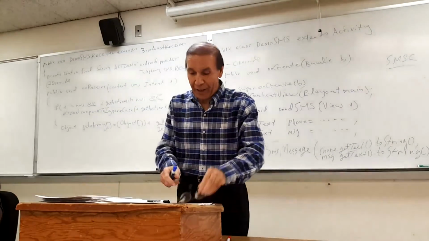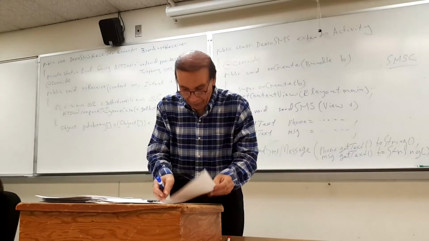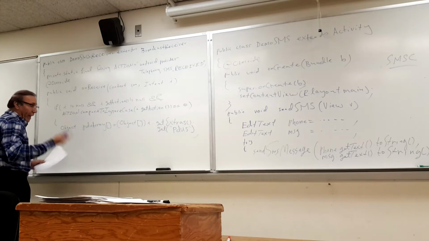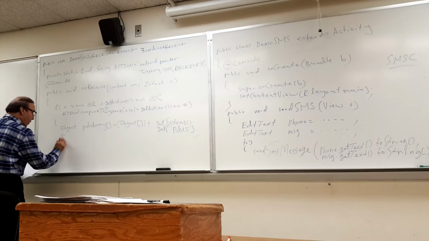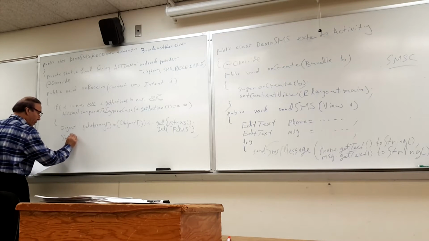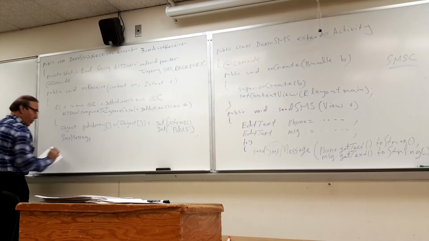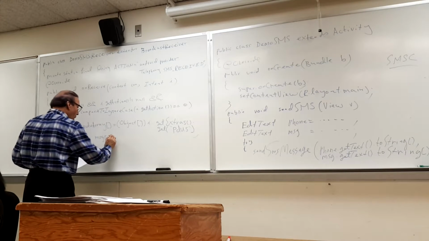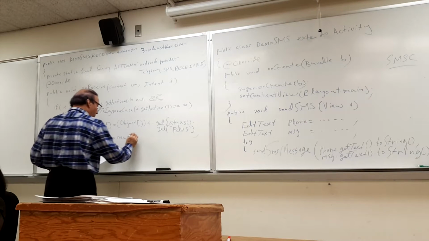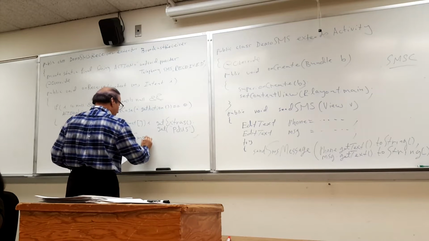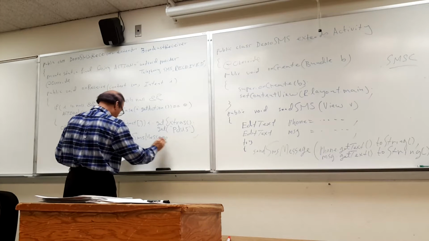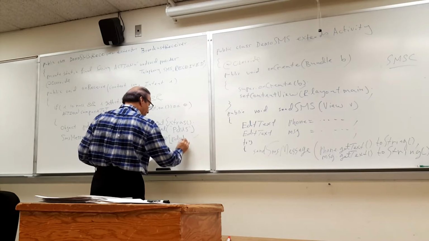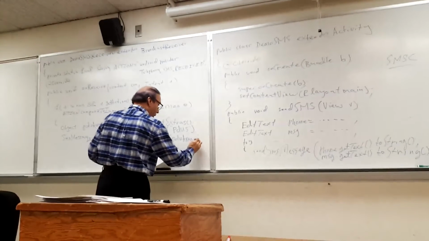Now that we got this, let's continue the rest of it. Create our own array, SMS message, MSG equals new SMS message, PDU array dot length.